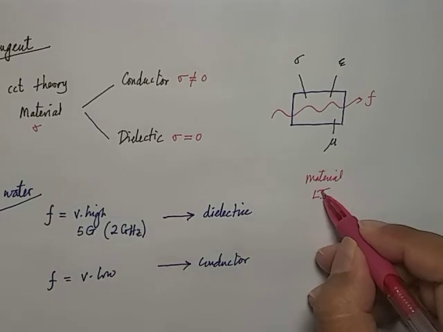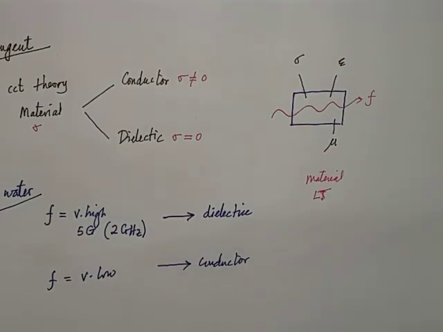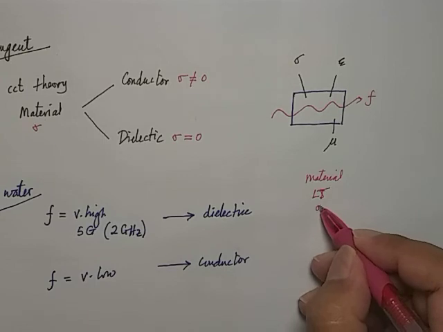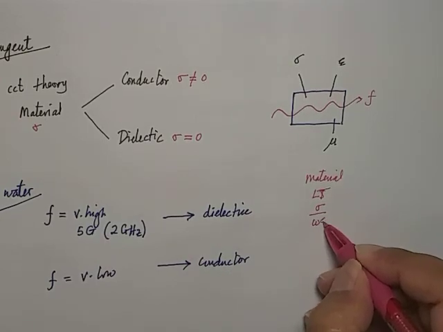Okay, that should be the property engineers use in order to categorize a medium in high frequency applications. Loss tangent, what is it? Sigma over omega epsilon.